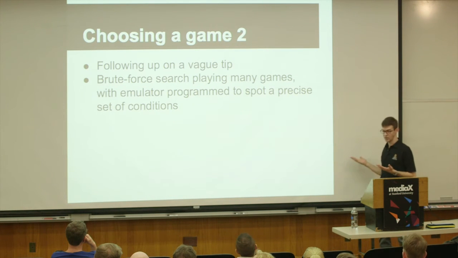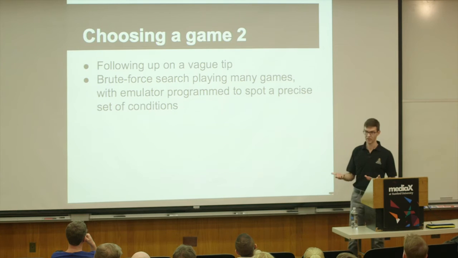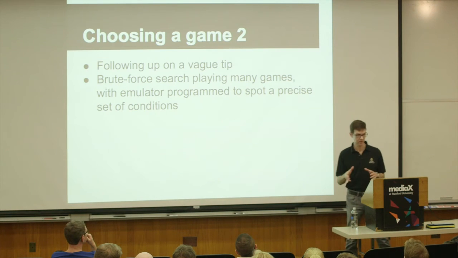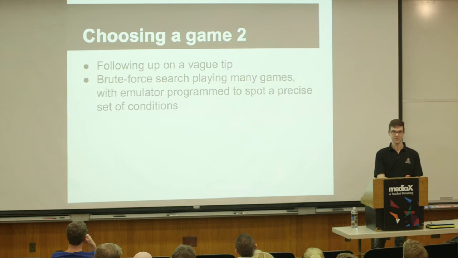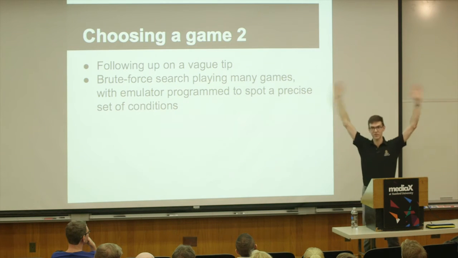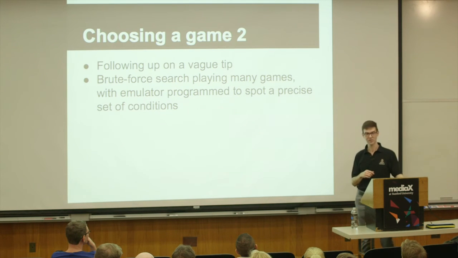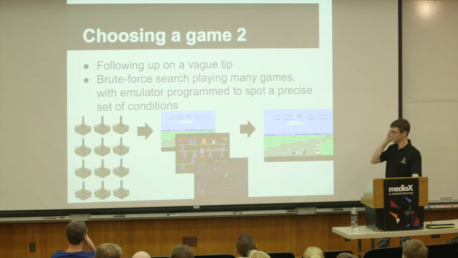Other times, you have a vague tip or a hunch that something happens, and so what I've done on a couple of occasions is actually set up an emulator to jump up and down and flag me if a certain set of conditions comes true. And then I just start playing one game after the other until all these red flags start flipping. So here's one example.